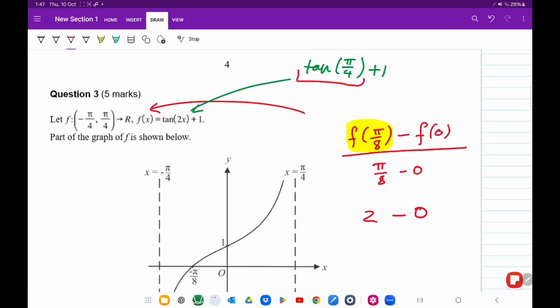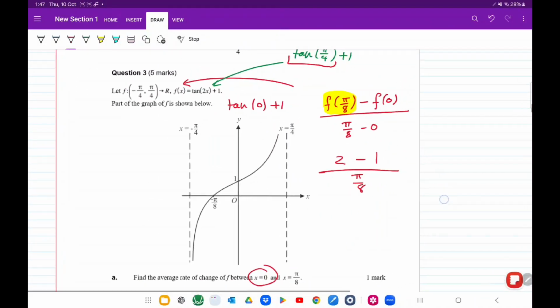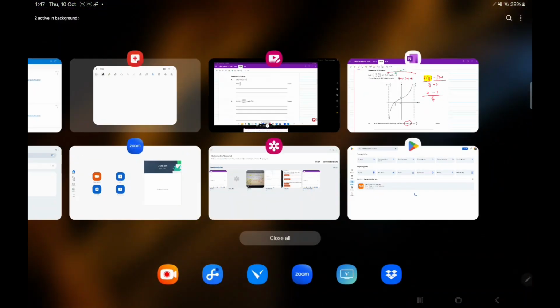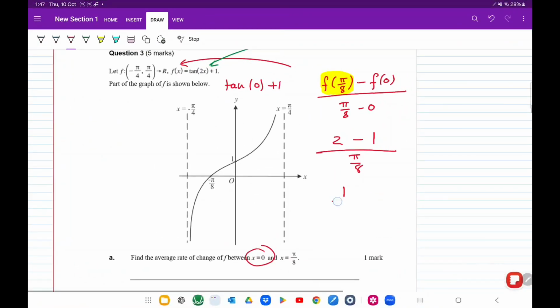Tan 0 is 0, so f of 0 is tan 0 plus 1, which is equal to 1, over pi on 8. From this point we get 1 over pi on 8, and we find the reciprocal of this, so it becomes 8 on pi.